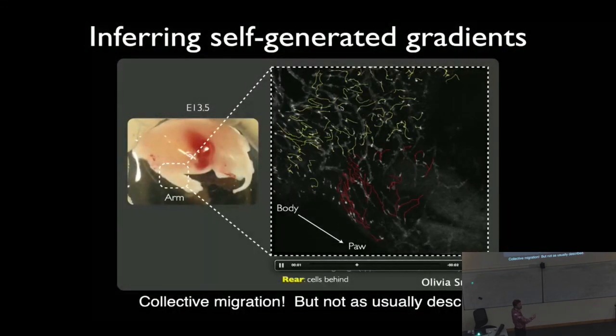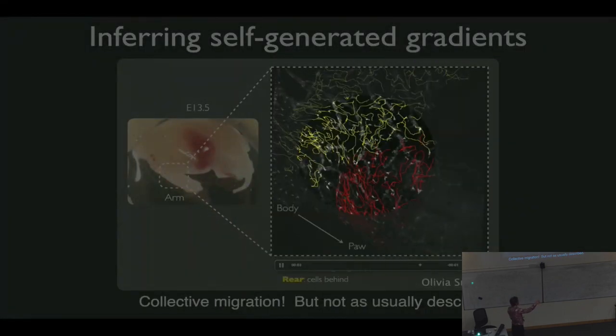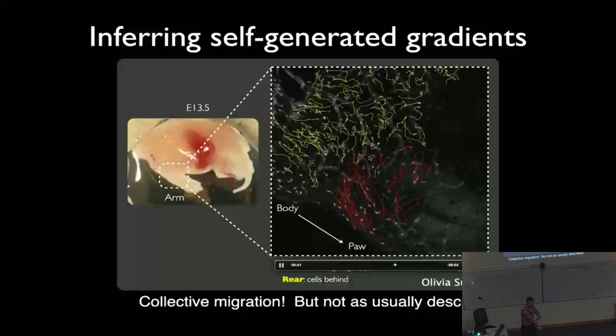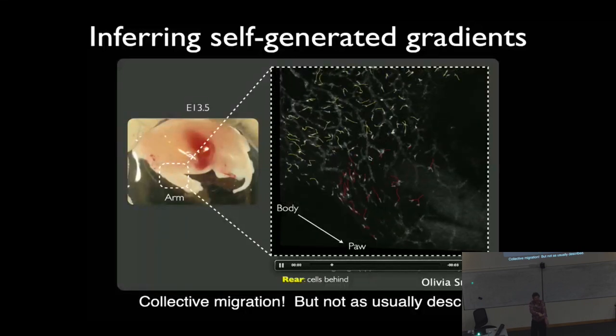And we infer, but we haven't been able to measure it, that these cells are making a self-generated gradient that is driving the cells from the place where the cells are to the place where the cells are not.